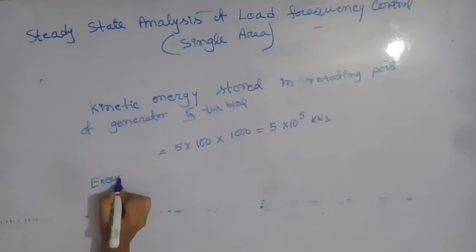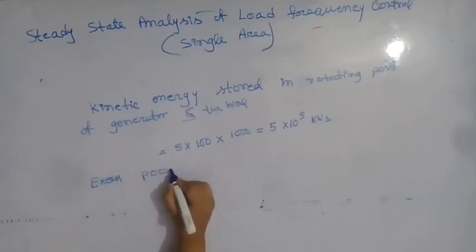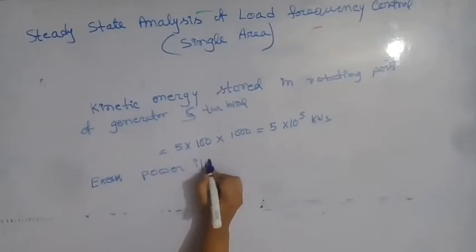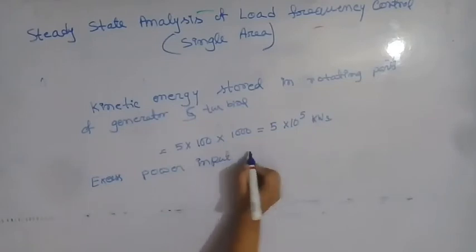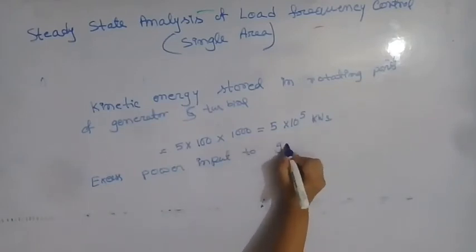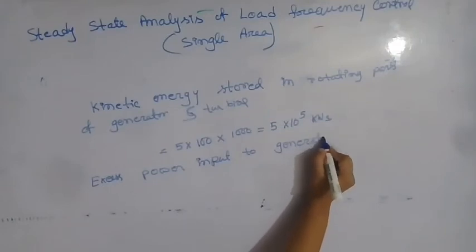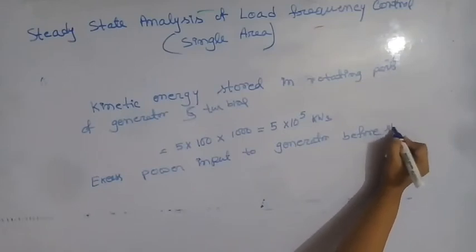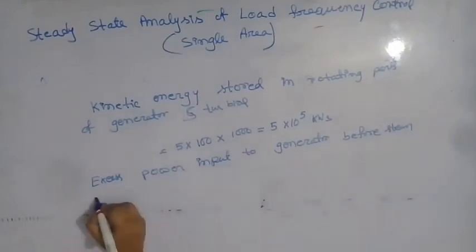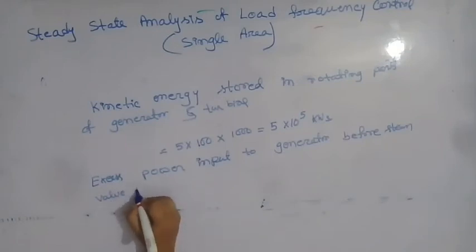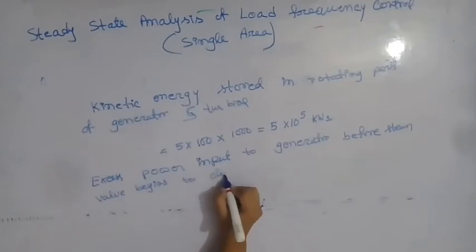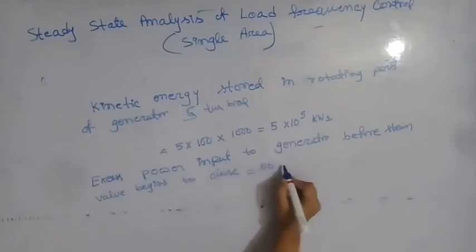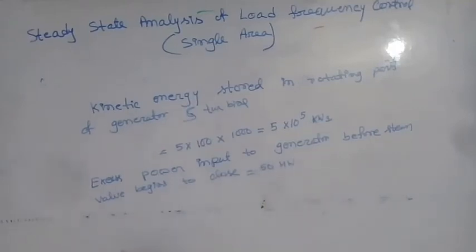Now excess power input to generator before steam valve begins to close is equal to 50 megawatt.